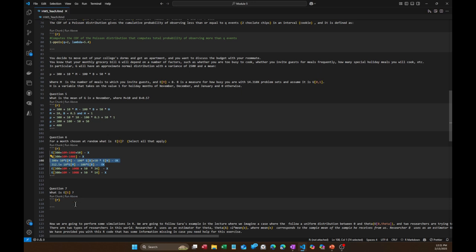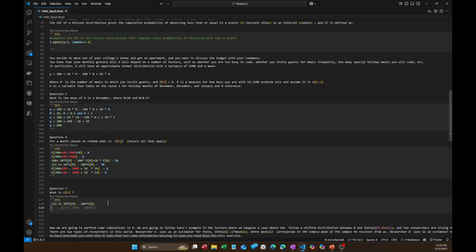What is the value of the expectation of G? Now, let's go back here. We know that this is a formula we can use, and we can quantify this.